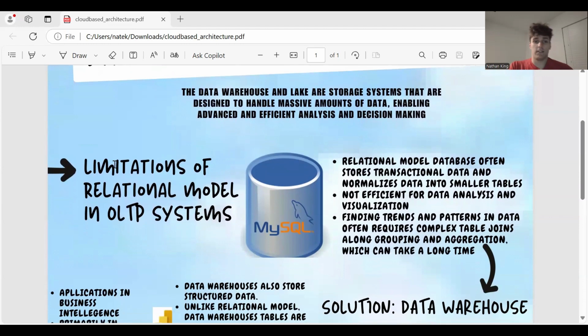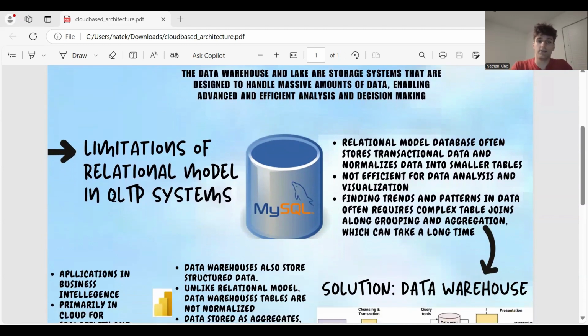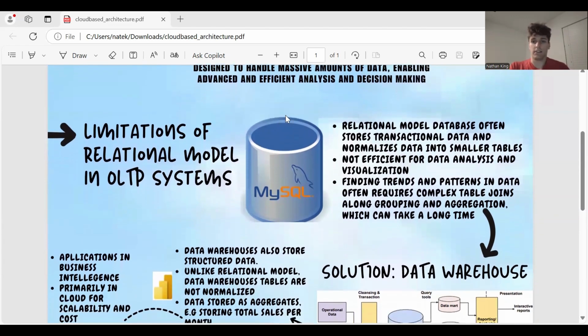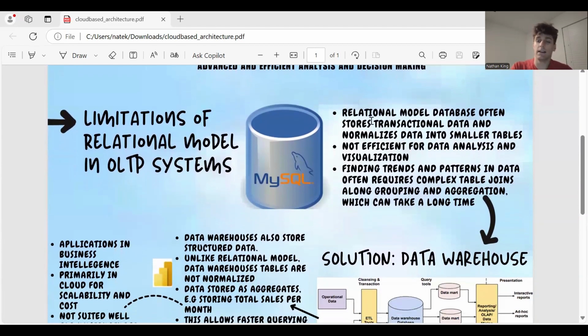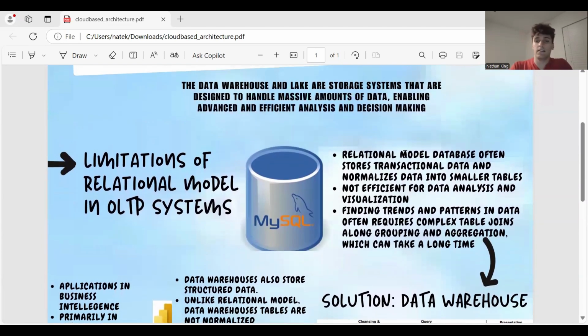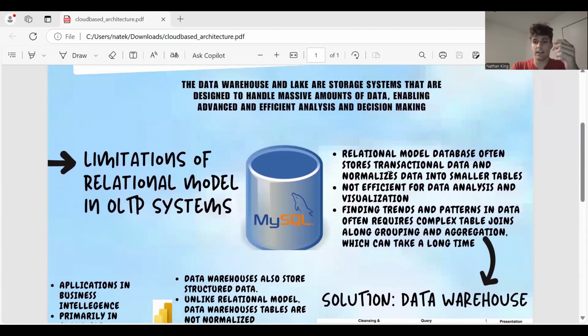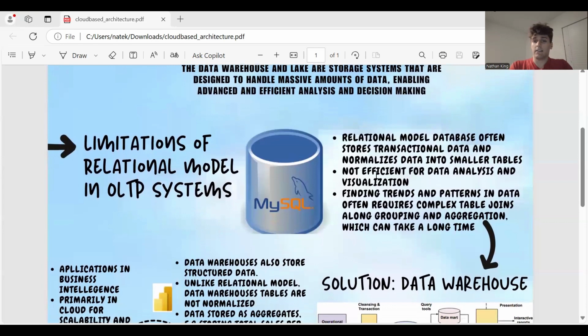So we're going to start with the problems or limitations of the relational model in the OLTP systems, which stands for online transaction processing. So this is your typical relational model or like a SQL type model. And these typical OLTP models often store transactional data and they store the data into smaller tables by normalization.